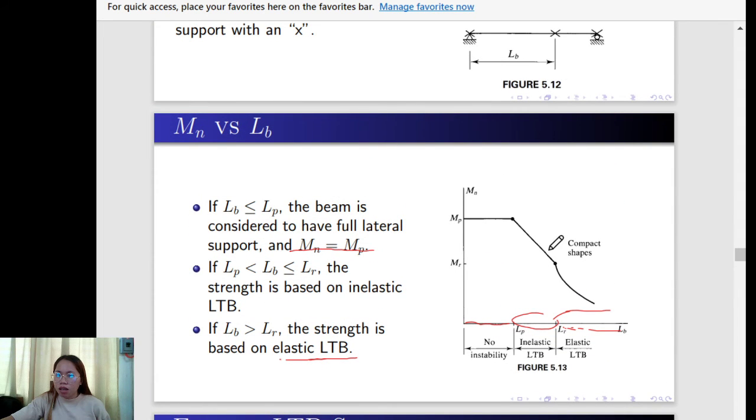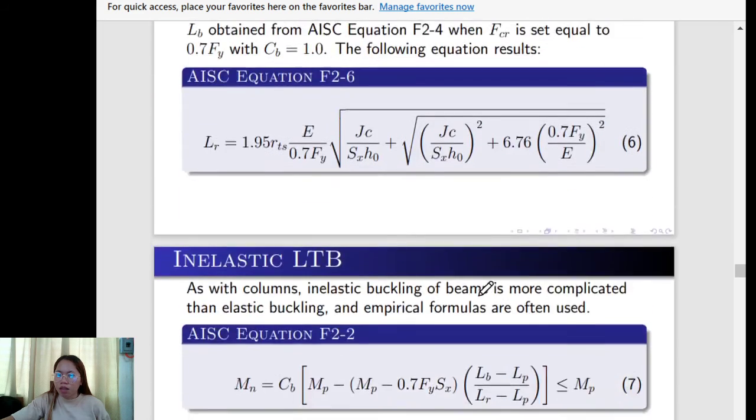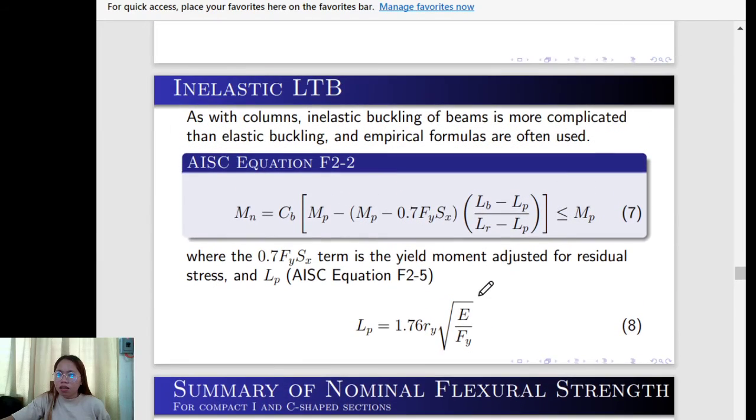So your moment is actually below, less than the plastic moment, but greater than this first yield moment, where the 0.7 Fy times the elastic section modulus term is the yield moment adjusted for residual stress, no? 30% residual stress.